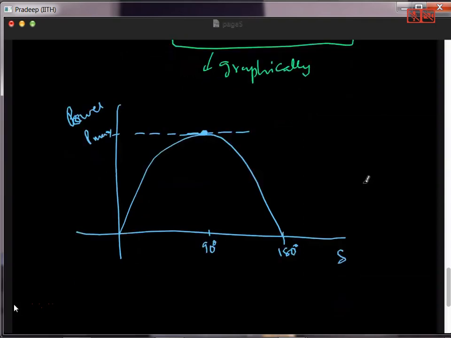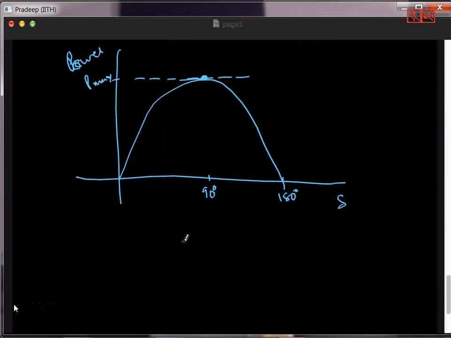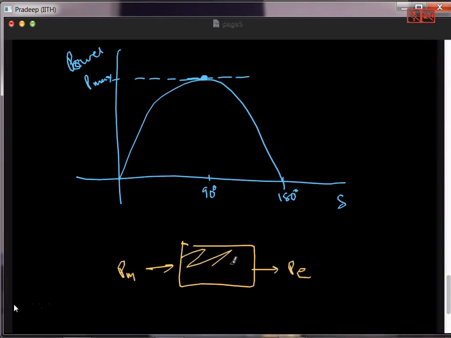Now imagine that there is a machine, mechanical power is input and electrical power is output, and this machine is maintaining some delta. So if I draw a horizontal line like this, this is mechanical power, PM, and this is PE.